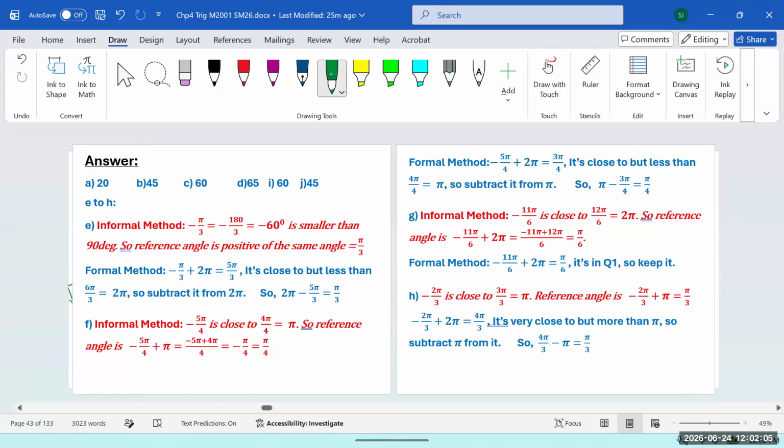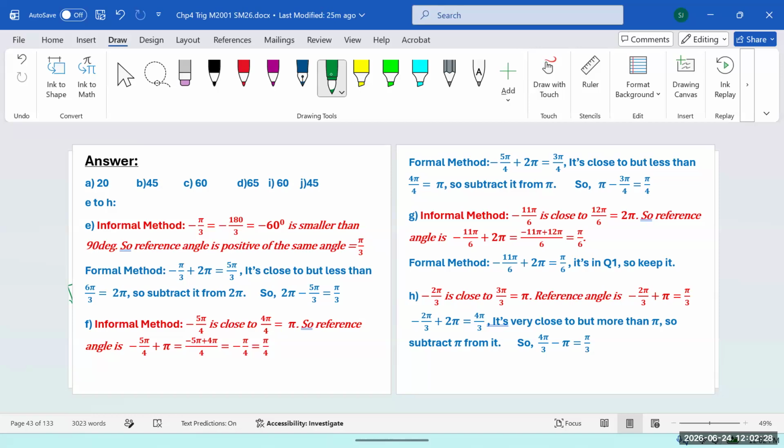Okay, so two methods. I told you the shortcut and I told you the formal. So the informal method, I said just add how many pi you have, either 1 pi or 2 pi, and then ignore the sign. The formal method says whatever angle you have, always add 2 pi first. So we have negative pi over 3, and you add 2 pi.